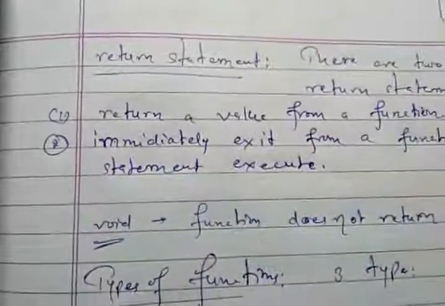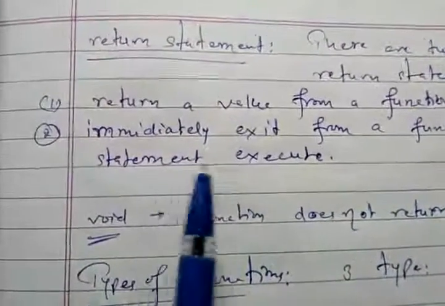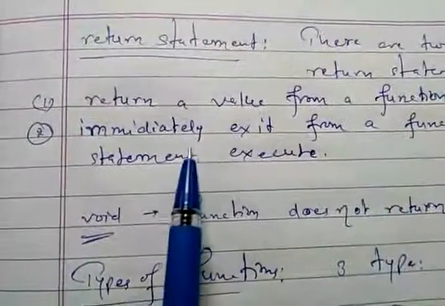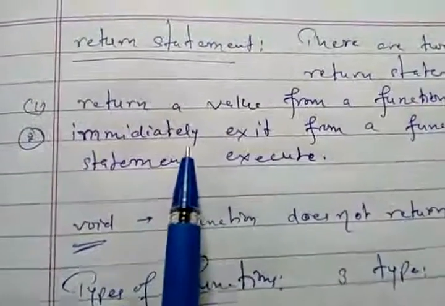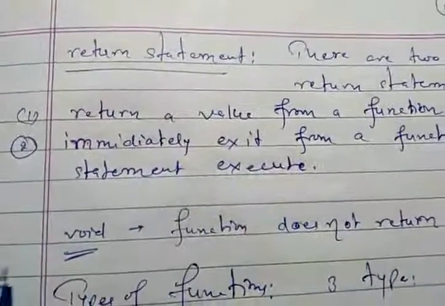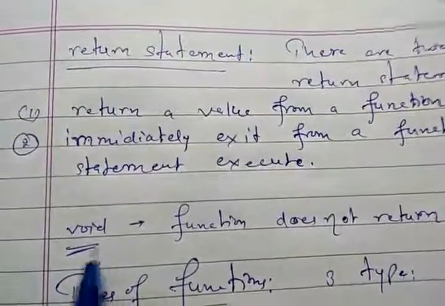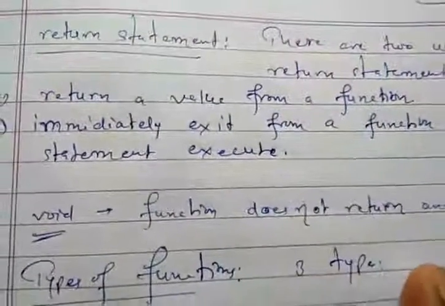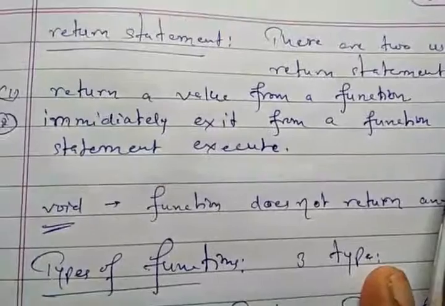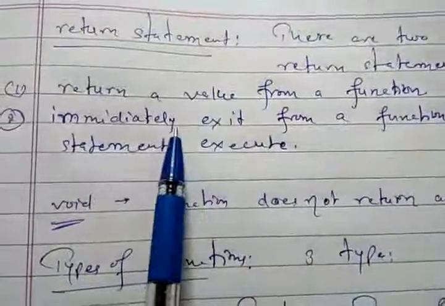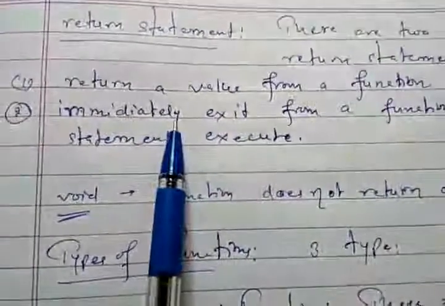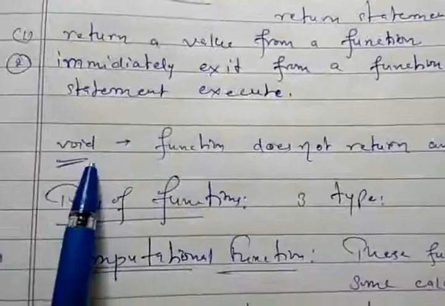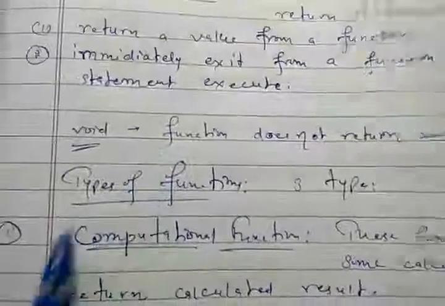There are two major uses of return: number one is to return a value from a function, and second is to immediately exit from a function when the return statement is executed. And void means the function does not return any value.